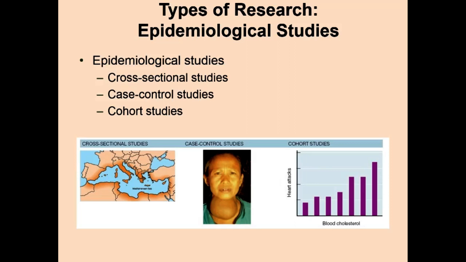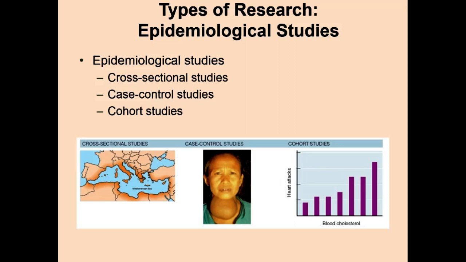In cohort studies, researchers analyze the data collected from a selected group of people, or a cohort, over a specific period of time. So they take one group of people and follow their history over a specific amount of time to track any changes.